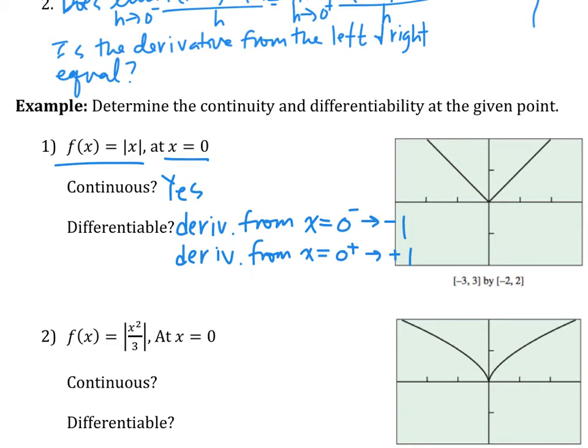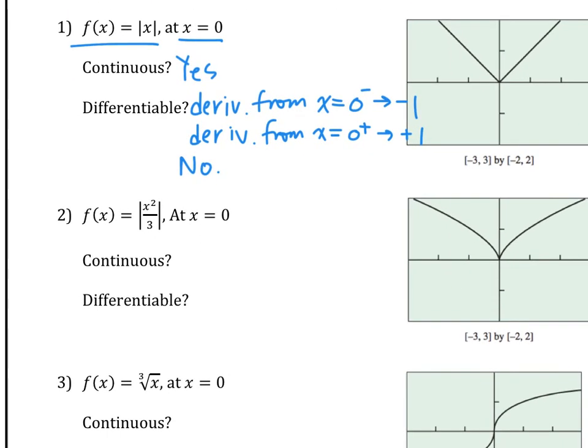So the left-hand side and right-hand side derivatives are not the same. So is it differentiable? No. Yes, it's continuous, it's connected at 0, but because the left-hand side and right-hand side slopes are different, it's not differentiable.